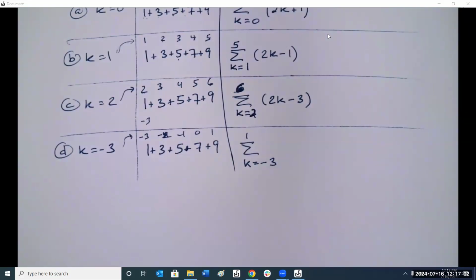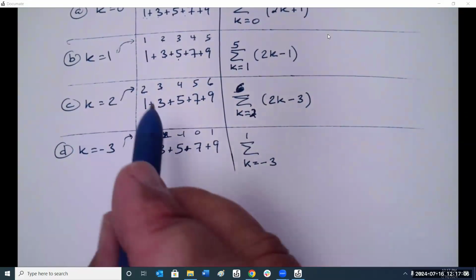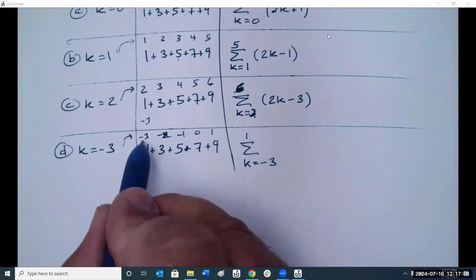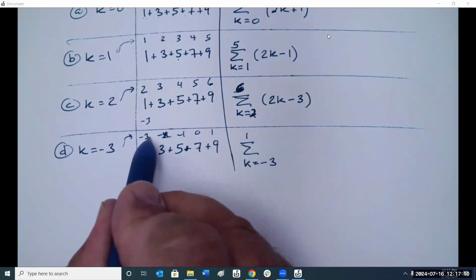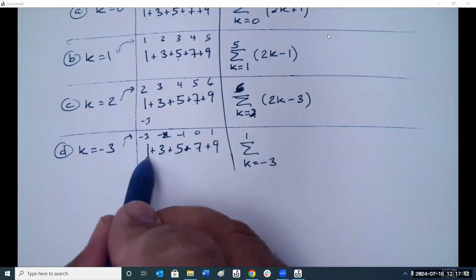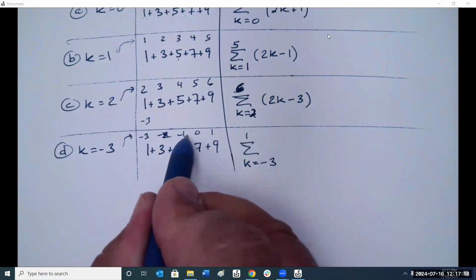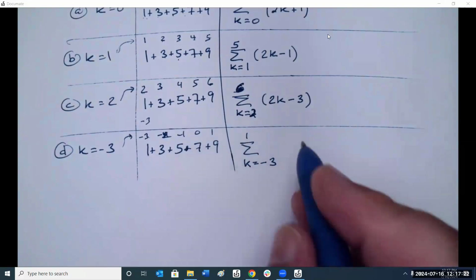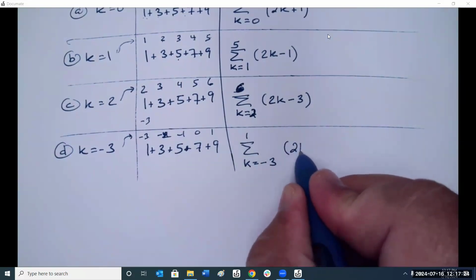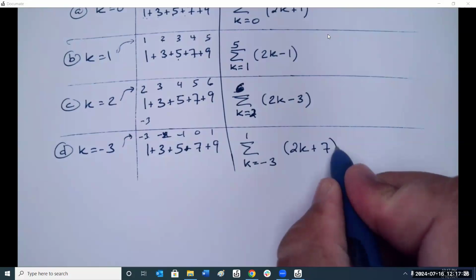No, that won't work. So let's try double these. If we double these, we get negative 6. How do we get 1? We have to add 7. So it's 2 times k plus 7.